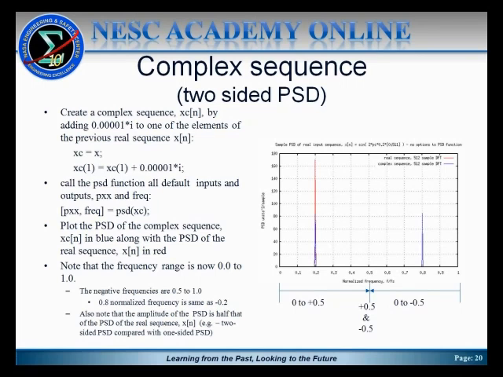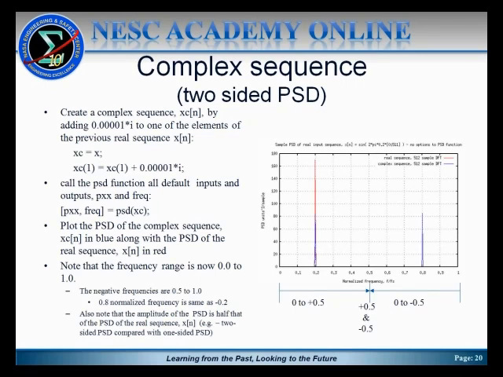Now, when we created a complex sequence and computed the PSD of it, we have one component at 0.2, the blue line. We also have another component in blue at 0.8. And also, the amplitude of each of those is about half of what it was before, around 85 instead of 170. Okay, what interpretation can you make of this?